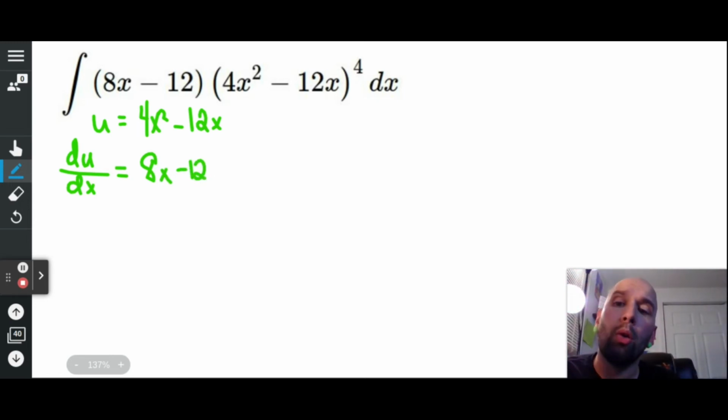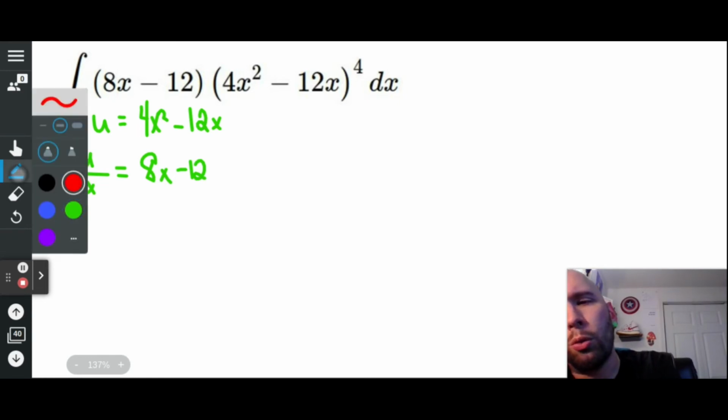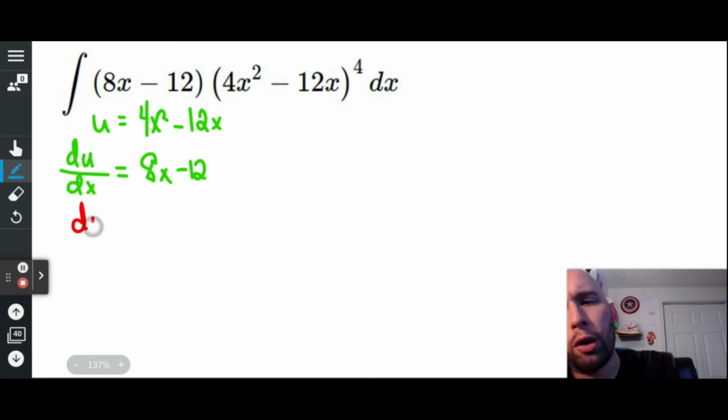Now this is the part where I do the old flipperoo. I'm going to swap the dx and the 8x minus 12. So I'm going to have du over 8x minus 12, and that's going to equal dx.